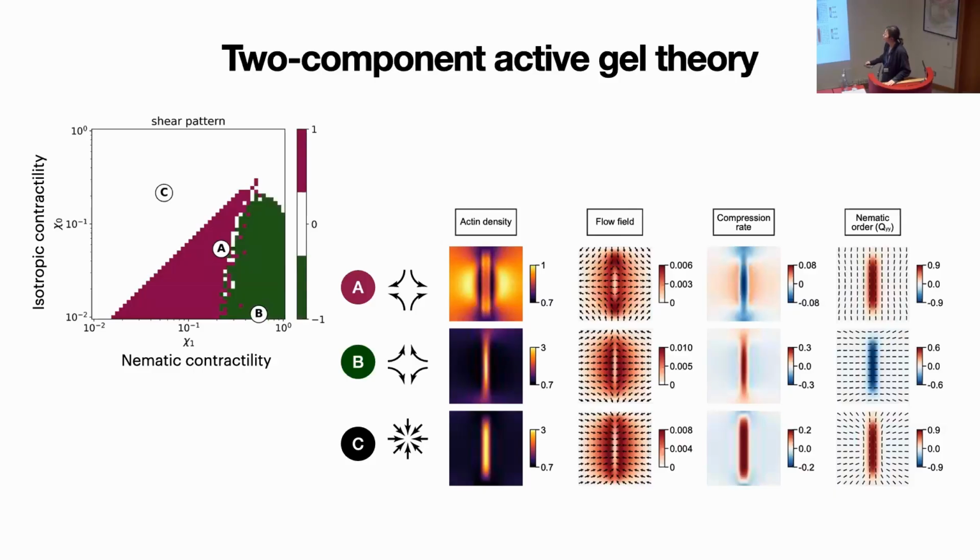And then there's also this weird behavior in the B region. This happens when the nematic contractility is extremely high, and the system somehow finds another very stable state where the alignment, rather than vertical, is all in the horizontal direction.